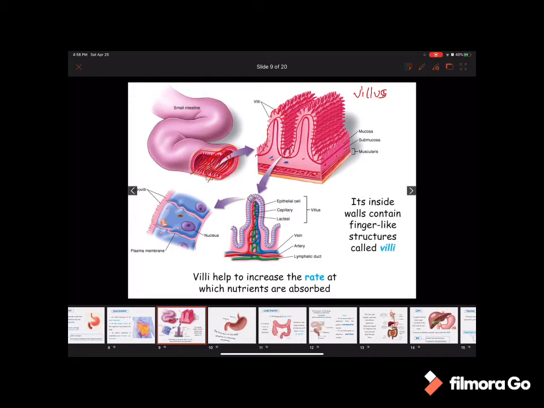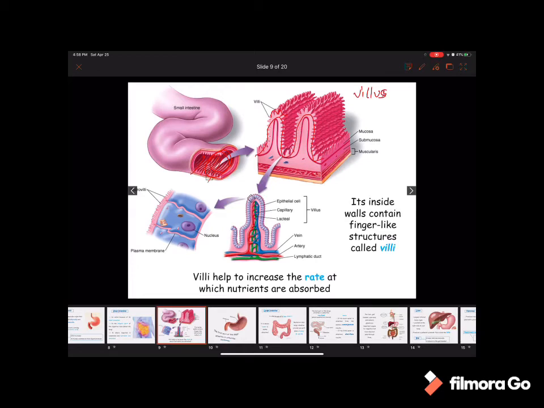And we know from other systems, that when we have an exchange surface, for example, when we talked about the exchange of respiratory gases between the lungs and the blood, we said that the alveoli do the exchange. Why? Because the alveoli are very tiny, very small, and they cover a very big surface. It's the same for villi.